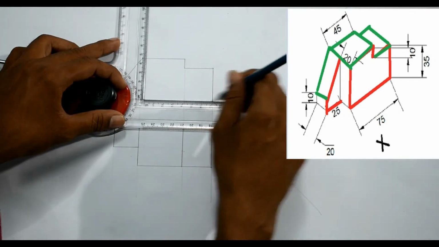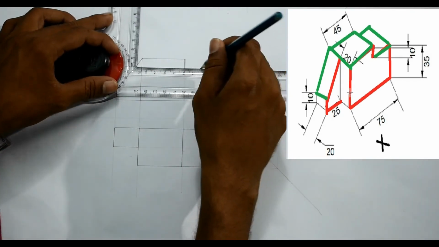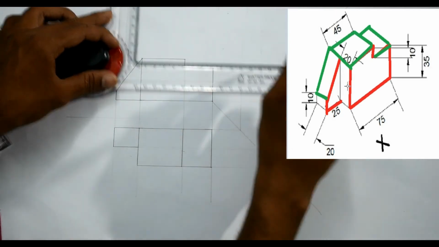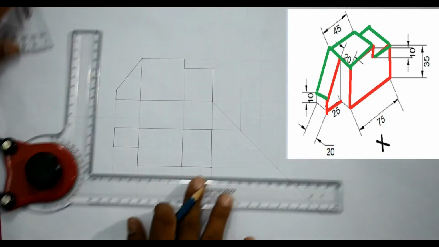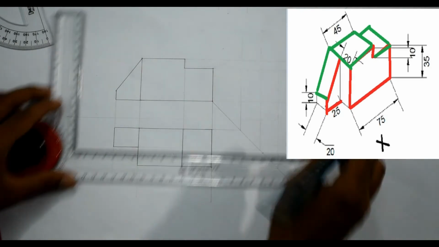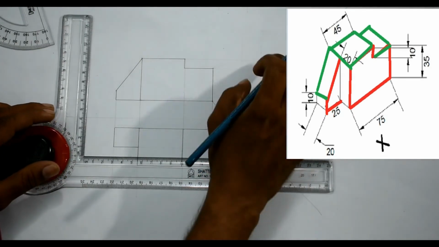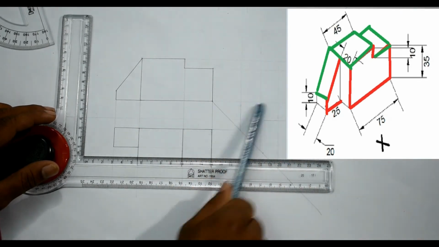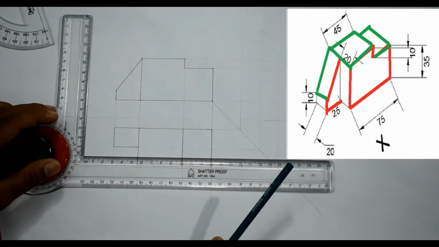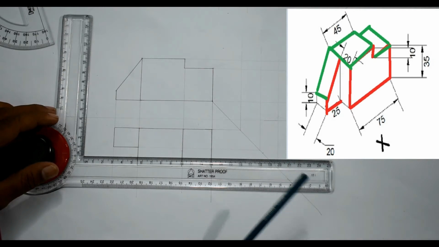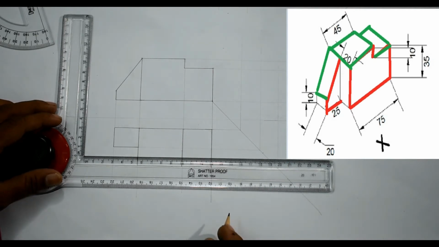And from the front view also. See that one rectangular shape is formed here. In this portion only, we will get the left hand side view of this figure.